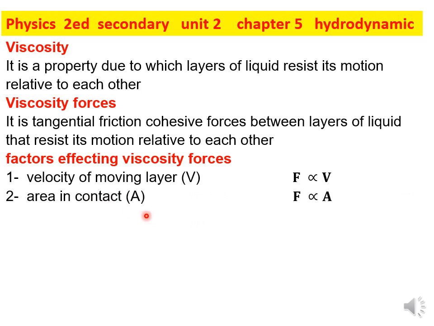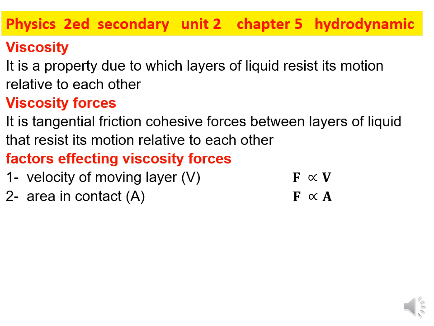Number two, area in contact, A, between the two layers moving relative to each other. The viscosity forces are directly proportional to the area in contact between the two layers of liquid.